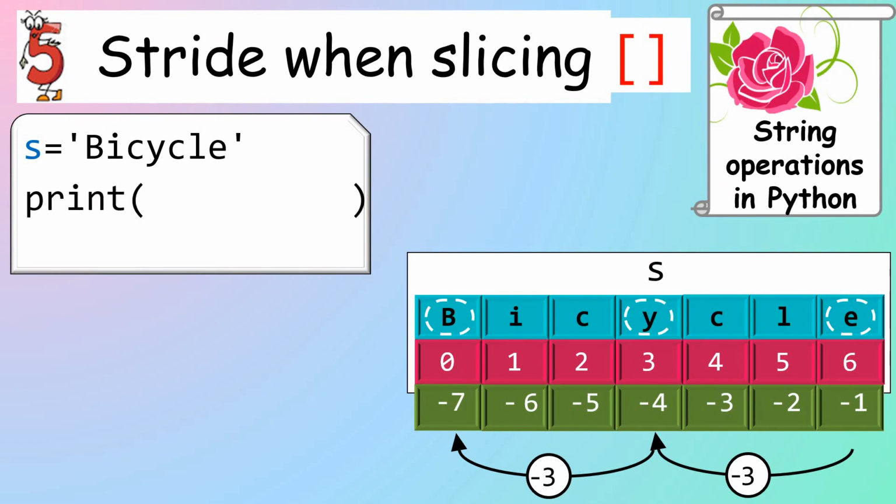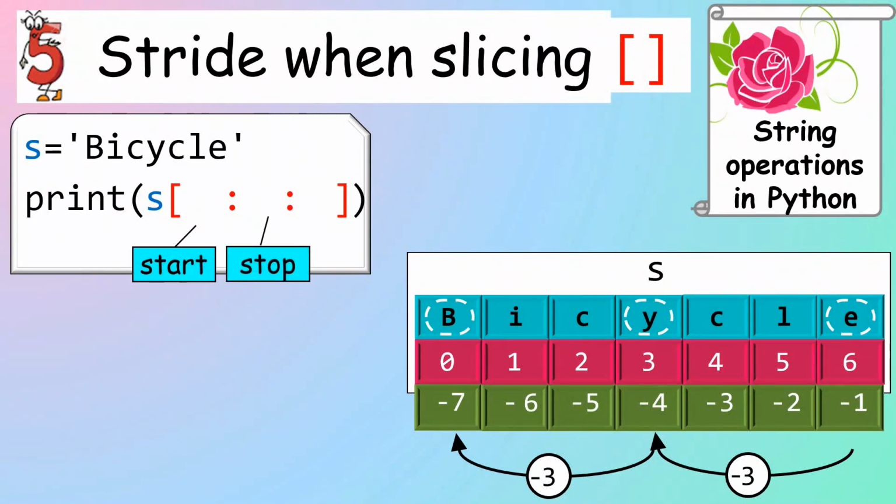Within the print statement, you take the string object S and then the slicing operator, square brackets. And within the slicing operator, now you have to place 2 colons so that you can fill 3 parameters. What are the 3 parameters? The first one is the start index value, the middle one is the stop index value, and the third one is the stride value. Since you want to stride in the reverse direction, you should give the start and stop values by looking at the negative indexes.